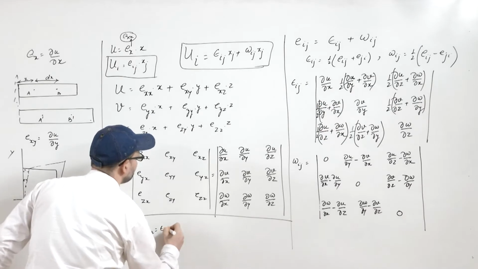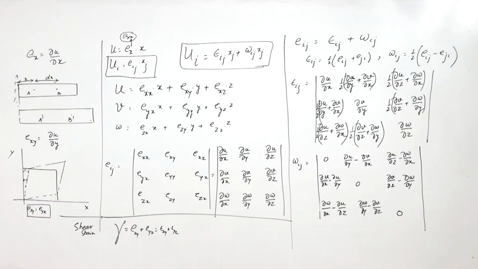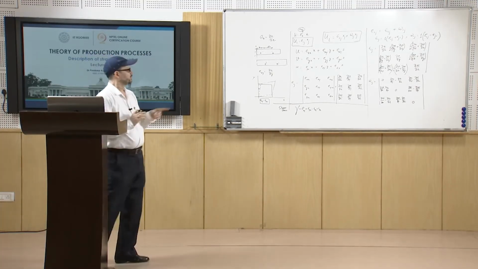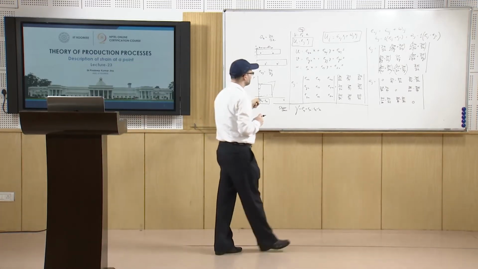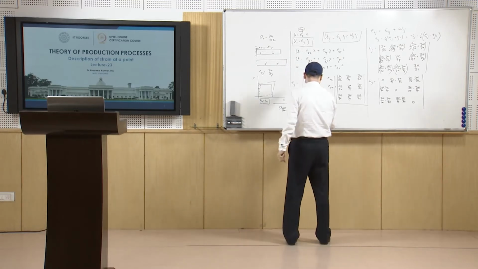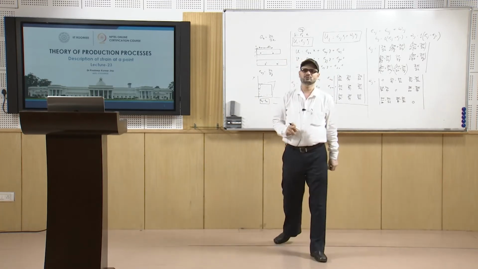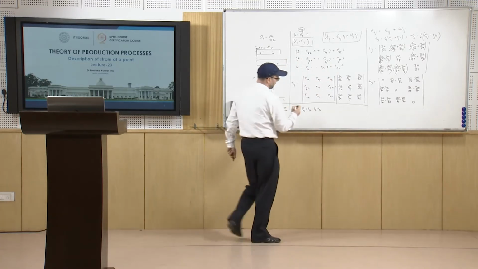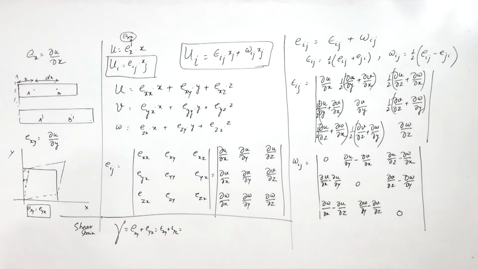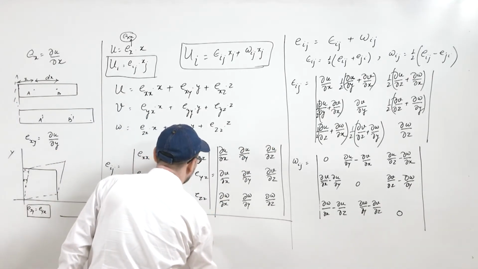Now in this case you have 2 times epsilon xy. Exy and Eyx being the same, it becomes 2 times epsilon xy, because epsilon xy is equal to epsilon yx. So it becomes 2 times epsilon xy.